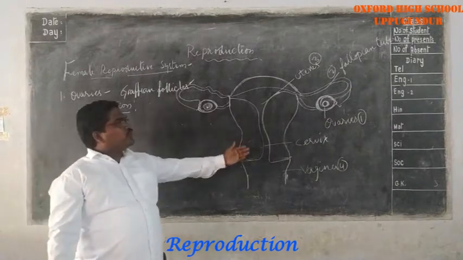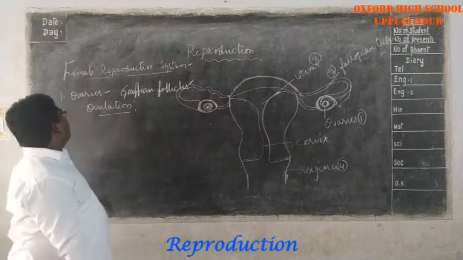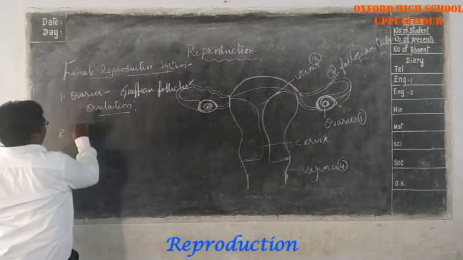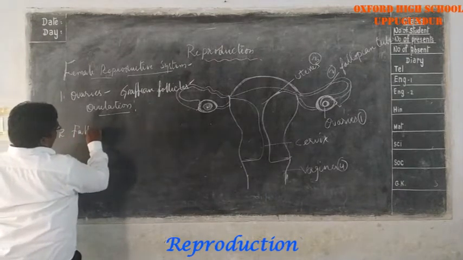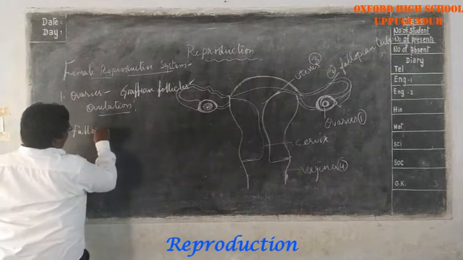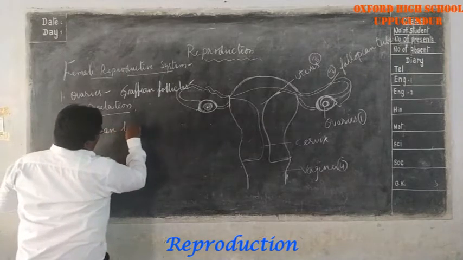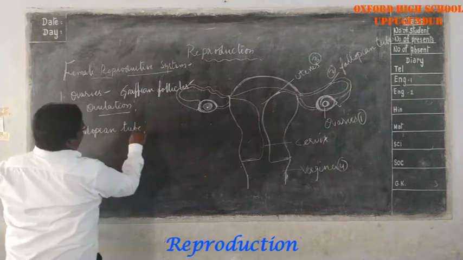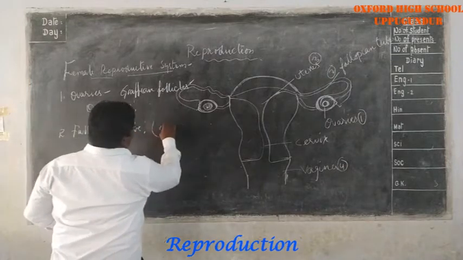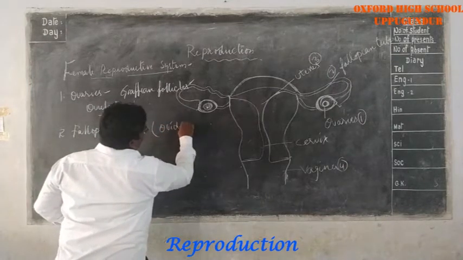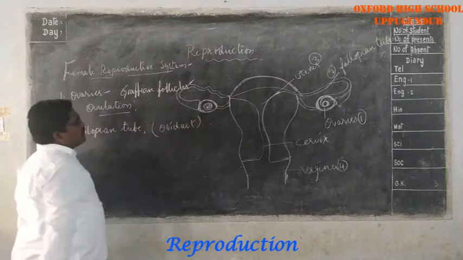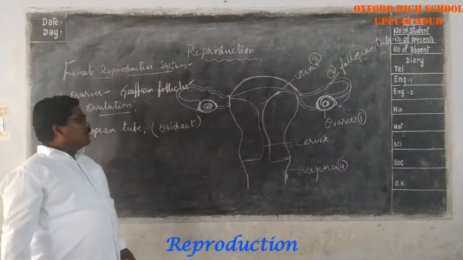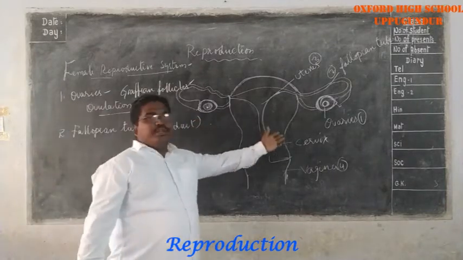Now I am going into the fallopian tube, the second part. Students, it's also known as the oviduct. There are a pair of fallopian tubes.